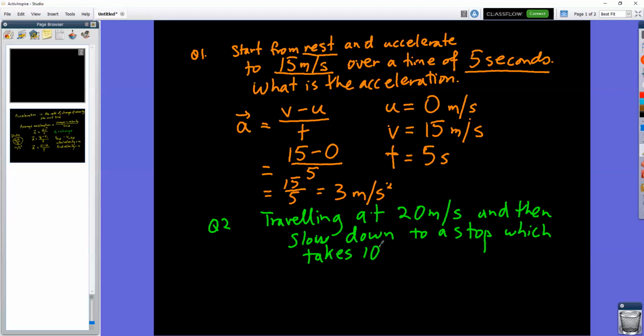So we're travelling along at 20 meters per second, and then I start putting my foot on the brake and I slow down until I'm eventually stopped, and it takes me 10 seconds to slow down.